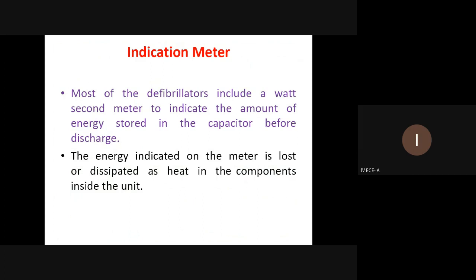Most defibrillators include a watt-second meter to indicate the amount of energy stored in the capacitor before discharge. The energy indicated on the meter is lost or dissipated as heat in the components inside the unit.